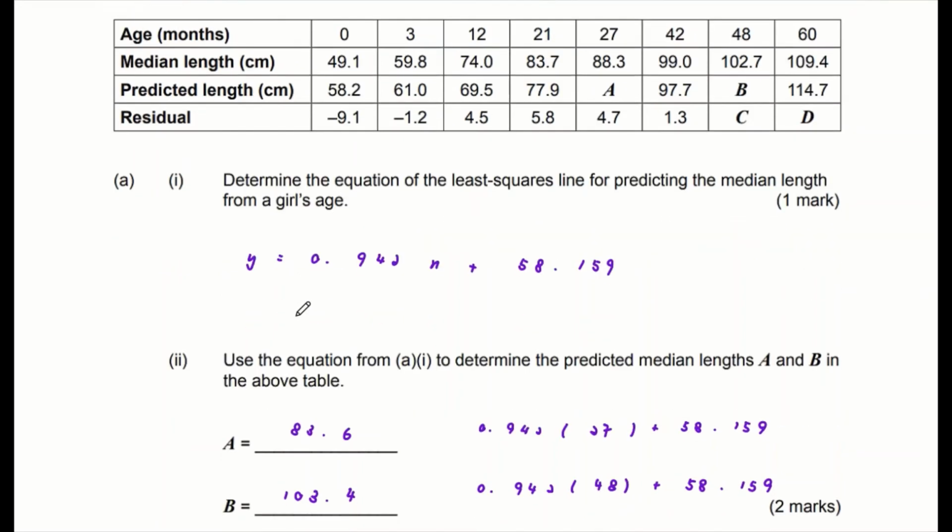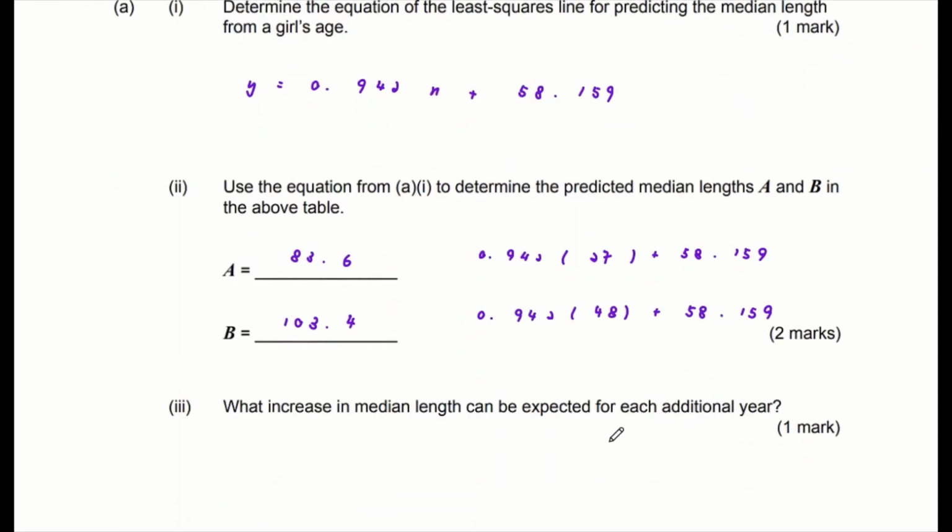So you can imagine that for every additional month, your median length increases by this amount. So what is the increase in the median length for every additional year? We know that if every 1 month you increase 0.942, then each additional year you will add up 12 times of this. Am I right? Because 1 year has 12 months. So what you need to do is take the gradient 0.942 and multiply by 12 months.